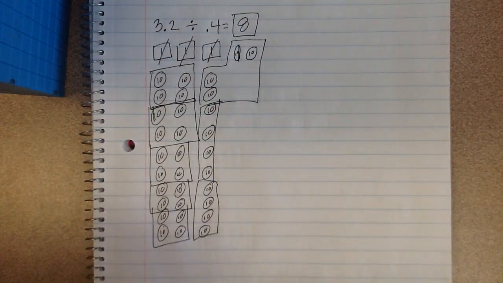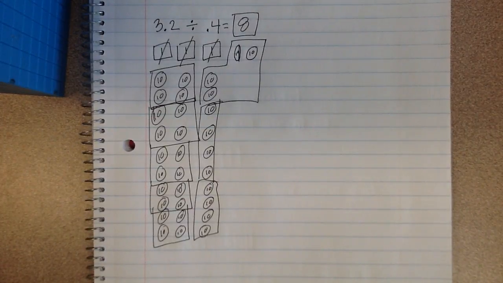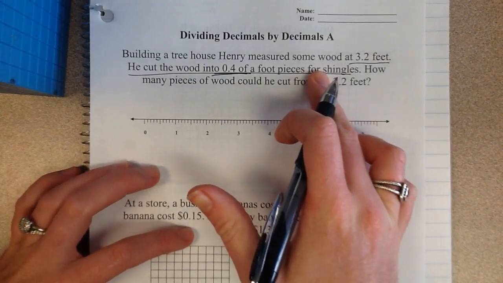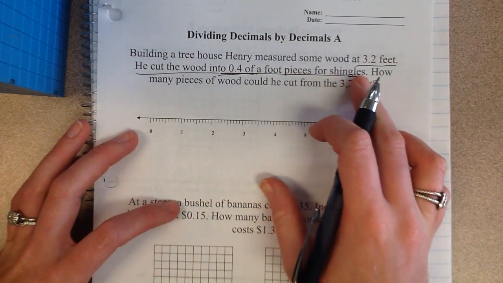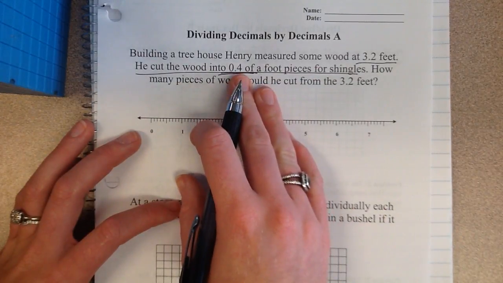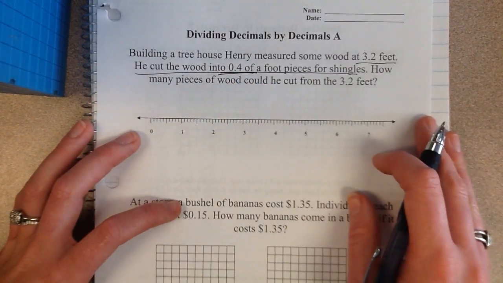My answer is 8. I've been using money, but I could still say, building a tree house, Henry measured the wood. If he had 3 2/10 feet of wood, and he cut shingles into 4/10, he would have 8 pieces.